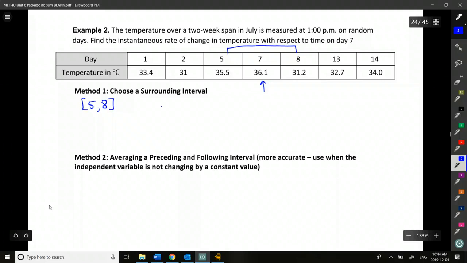We're going to estimate the change in temperature over the change in time at day 7, so when time is equal to 7, using an estimate of the change in temperature over the change in time from day 5 to day 8.